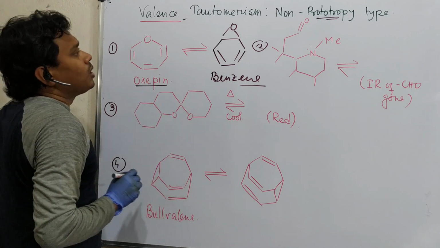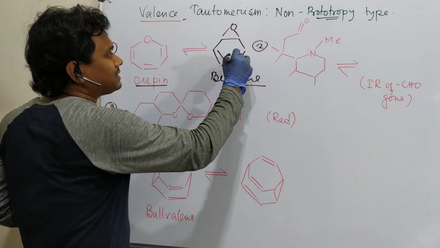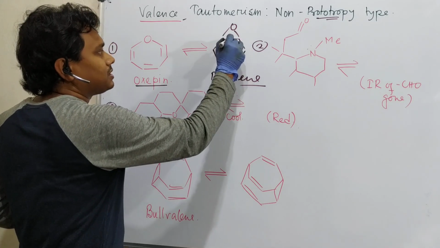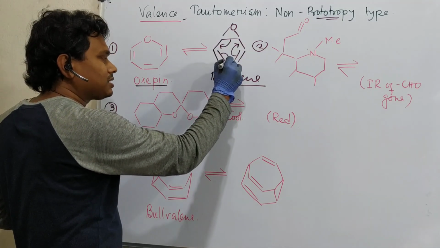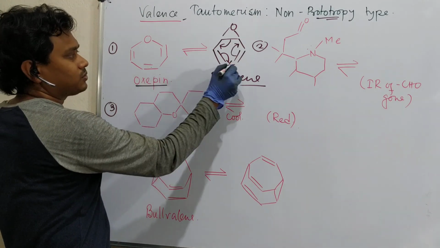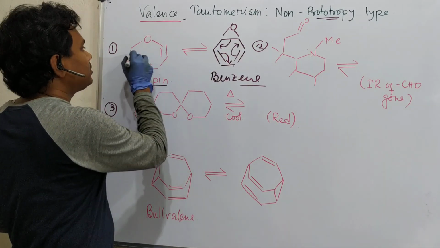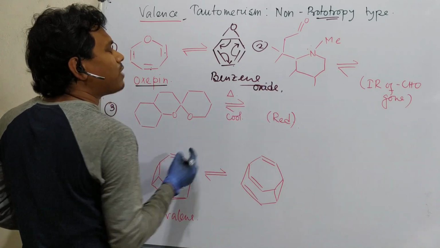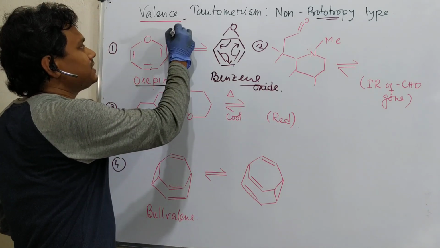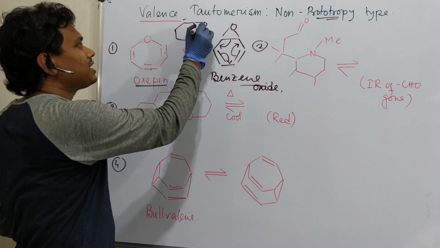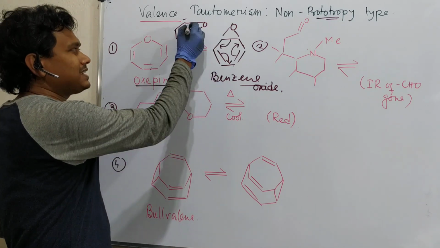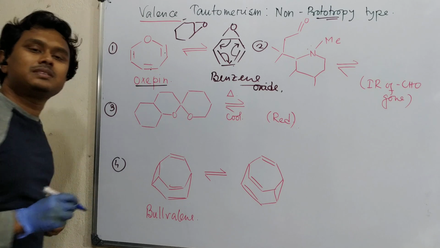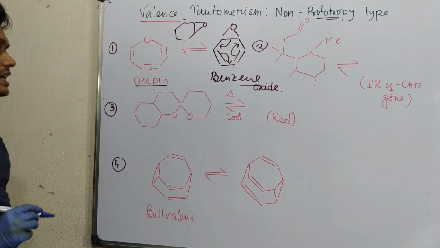So what happens? You may consider that this bond pushes here, it comes here, it comes here. See, here one bond, there one bond, there one bond. So this is the benzene oxide. How can you remember? If it is cyclohexane, this is cyclohexane oxide. So this is oxygen, benzene oxide. Fine. This is example number 1.